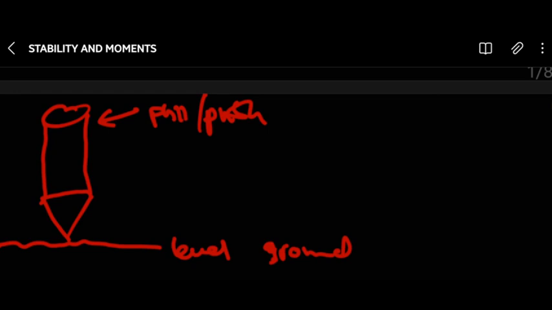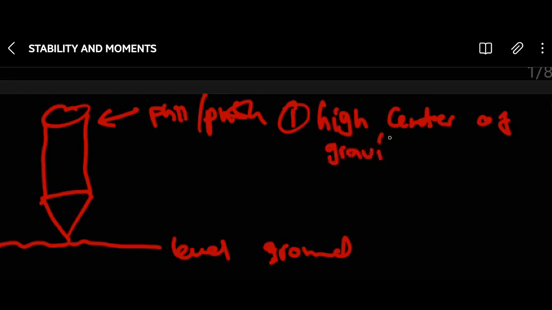The reason why this ball pen will topple over is, one, it has a high center of gravity, and two, it doesn't have a wide base.